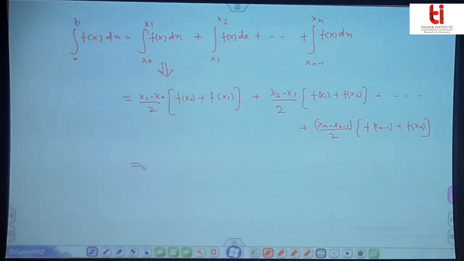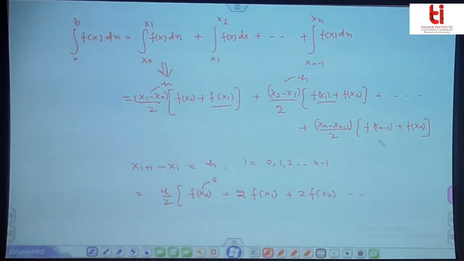Here each xi plus 1 minus xi is equal to h, for i equal to 0, 1, 2 up to n minus 1. So we can write it as h upon 2 times f of x0, where x0 is a, plus f of x1, and f of x1 is repeated. So this is also h. What we are getting here is f of x1 repeated twice, so 2 f of x1 plus 2 f of x2.